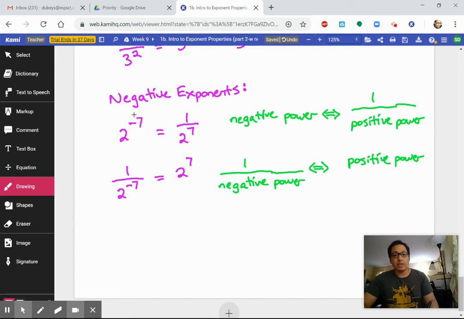If you see a negative power, you can make it positive by putting that exponent on the bottom. If it's negative and on the bottom, you can flip it to the top.